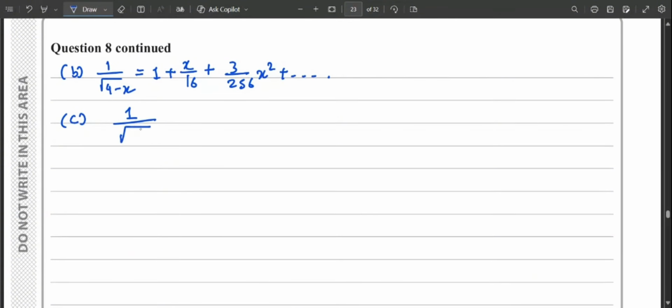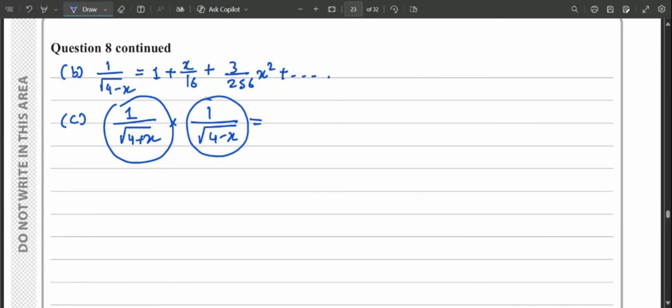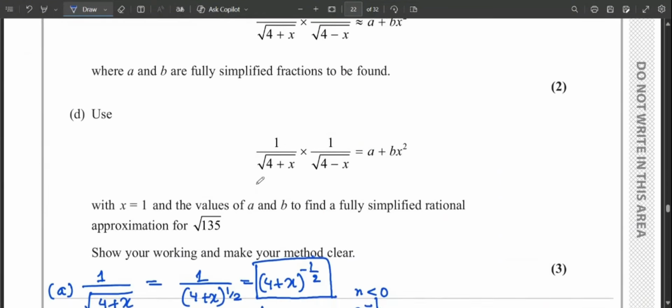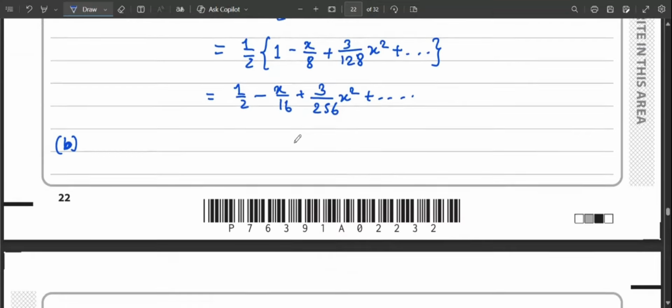So for our first expression, our expansion was 1 minus x by 16 plus 3 by 256 x square, and the rest of the series. And we multiply this with the second series. The second series is 1 plus x by 16 plus 3 by 256 x square, and the rest of the series.